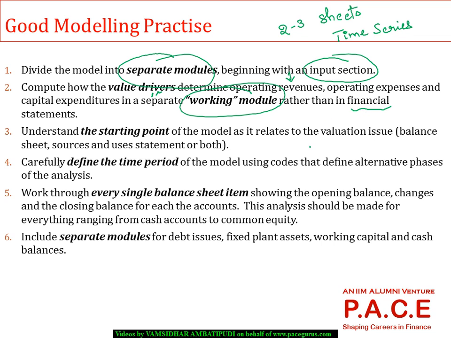Let the financial statements which you are preparing be as crisp and as simple as possible. Only the most important things that need to be conveyed should be present as part of the financial statements. Any workout to arrive at those values, let them be there as part of the working module.